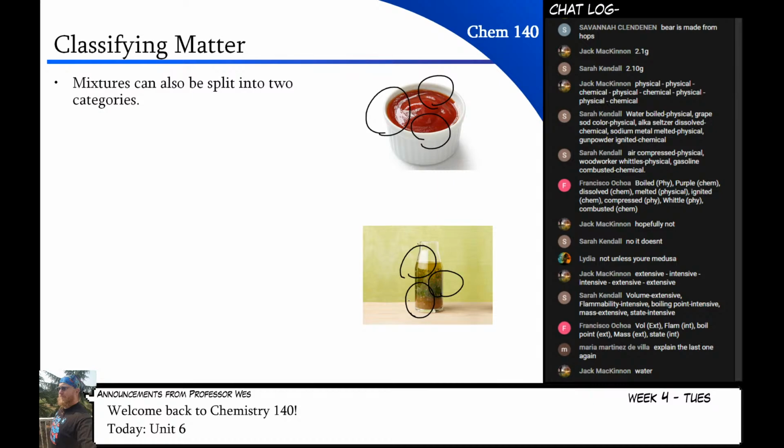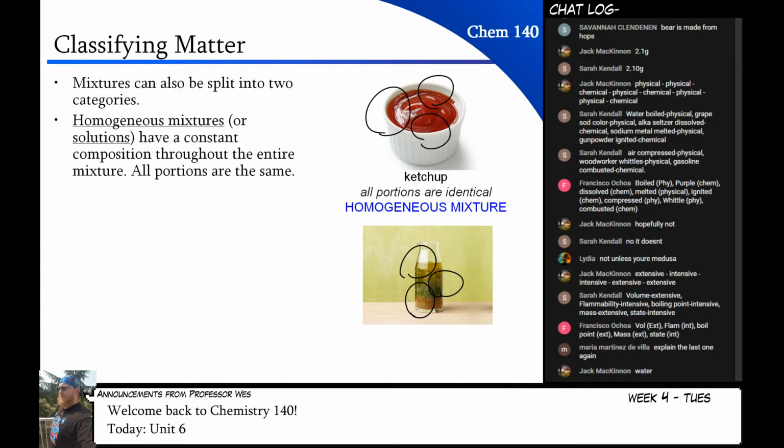If a mixture can be separated into parts such that all of the parts are indistinguishable from one another. For example, if I have ketchup and I shake the ketchup bottle really well, and then I squirt ketchup into 4 little cups, would all the cups have the same flavor, appearance, texture, etc.? Typically, since you mix the ketchup really well, the answer to that would be yes.